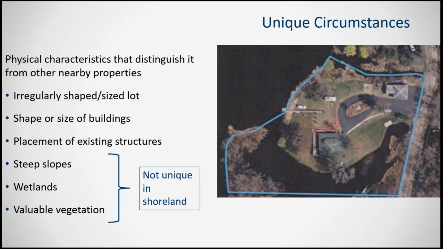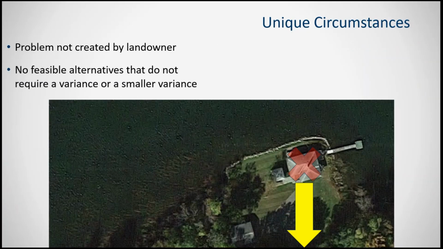And you can see the odd shape of it. This is definitely a unique lot size and configuration, and its relationship to the water is also very unique. So, this might be a case where there really would be a unique circumstance due to the design or the configuration of the lot. So let's move on to the next slide here.